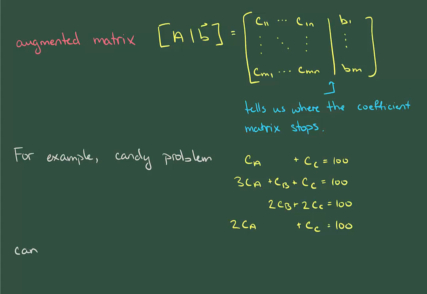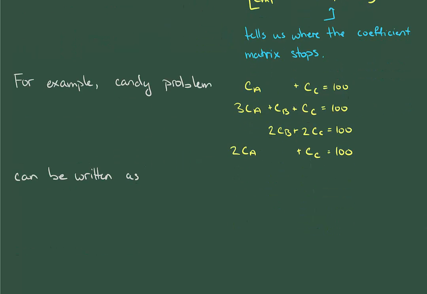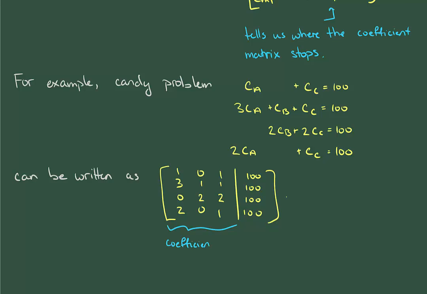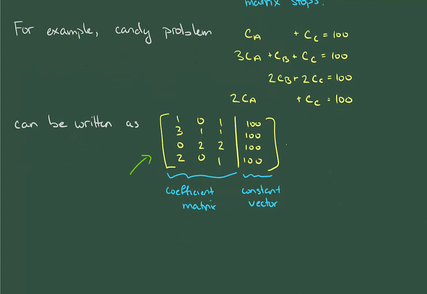Okay, I'm going to go straight to the augmented matrix here, because we'll see that the coefficient matrix and the constant vector appear automatically. So this 4x3 matrix here, that's the coefficient matrix, while this 4x1 vector is the constant vector. And it's worth noting that the columns of the coefficient matrix are precisely the vectors which appeared in the linear combination problem. You're going to have to scroll up to see that, but try that.